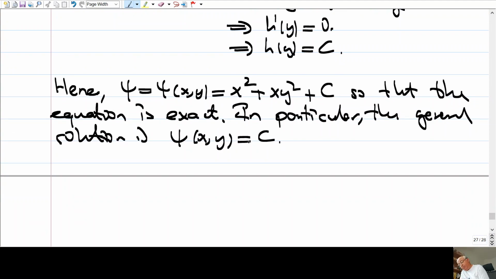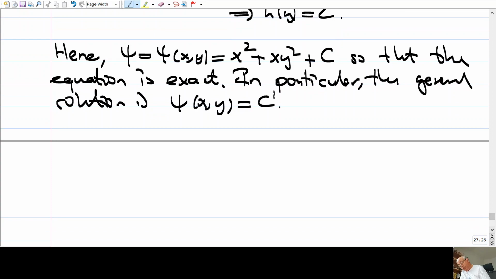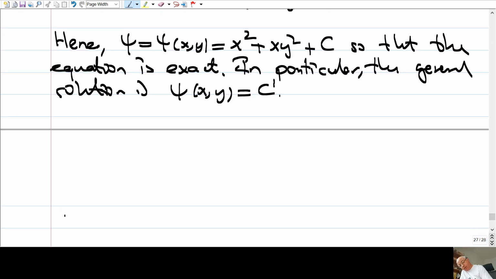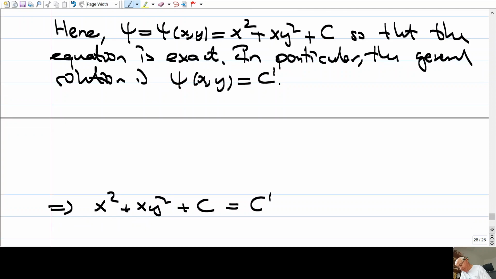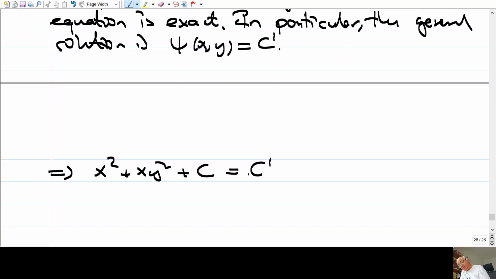I should differentiate the two, so I should write it this way. This implies the solution is x squared plus x times y squared plus c equals c prime. But c and c prime are both arbitrary constants.